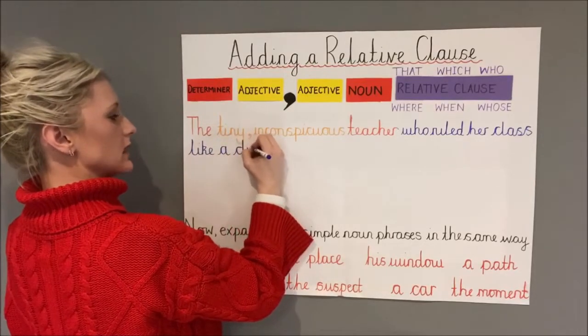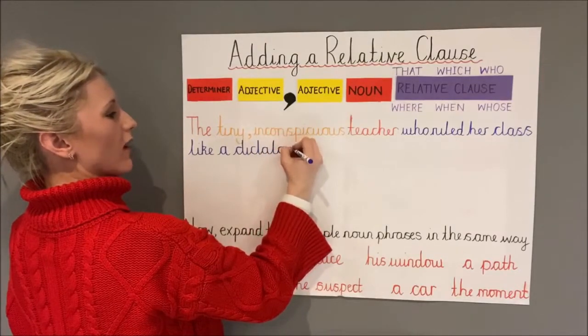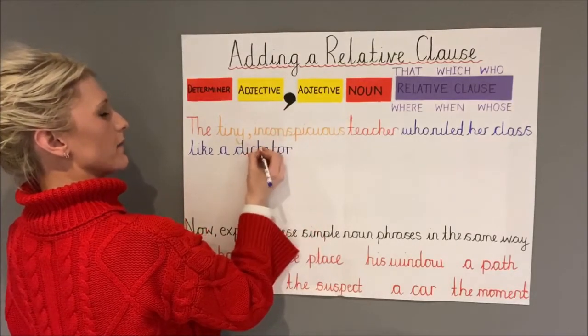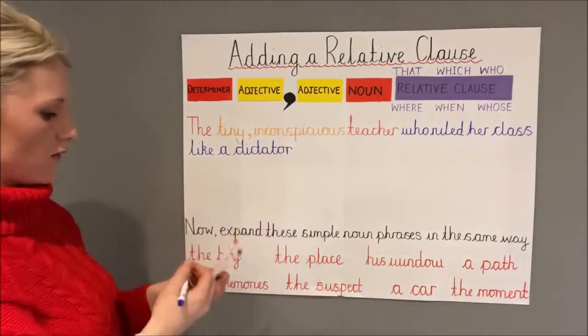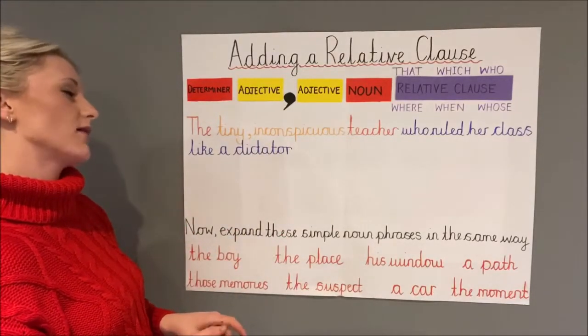And I don't need a full stop at the end because I am not writing a whole sentence. This would just be a part of my sentence. So I've got the tiny, inconspicuous teacher who ruled her class like a dictator.